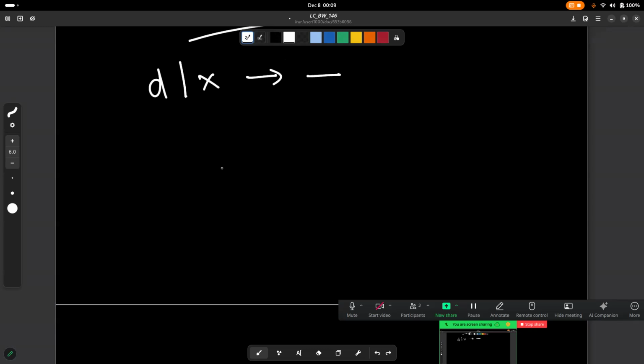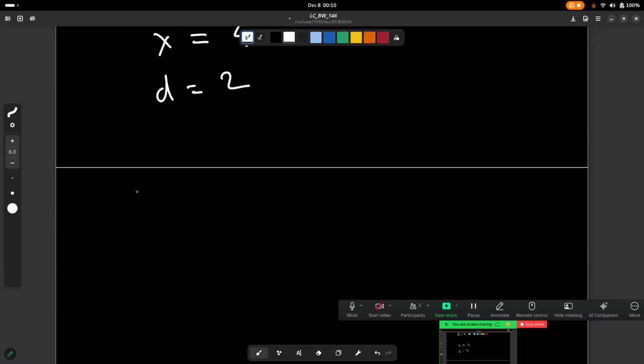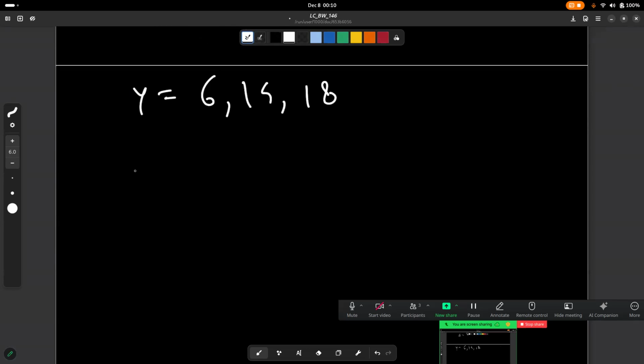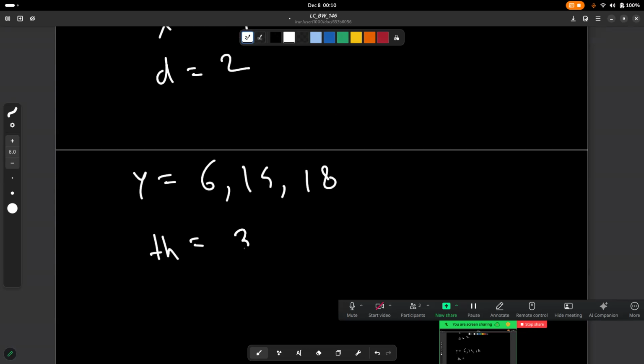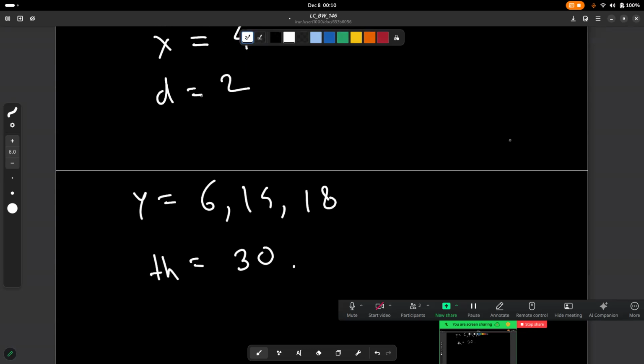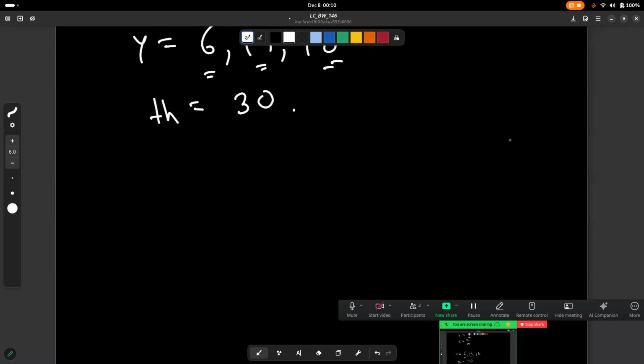Let's consider concrete values. Let's say we are considering X equal to 4 and D equal to 2, and my Y values can be 6, 14, and 18. Say my threshold is 30. The X I'm considering is 4, my D is 2, and these are 6, 14, and 18. These are the nodes I'm considering.